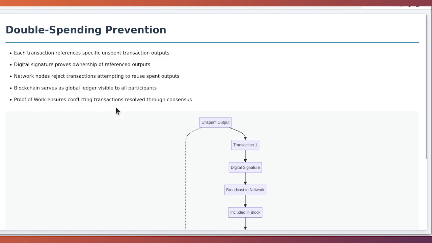The solution combines several cryptographic mechanisms. First, every transaction references a specific previous transaction output as its input. When you receive Bitcoin, it's locked to your public key. To spend it, you must reference that specific transaction output and provide a digital signature proving you own the private key.